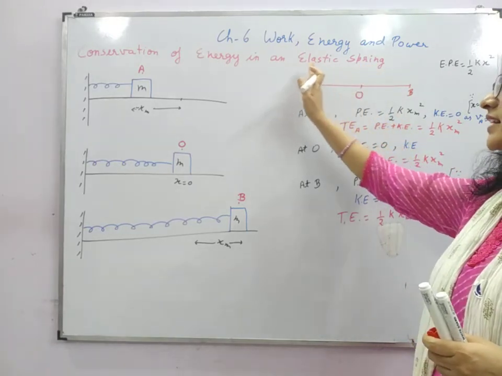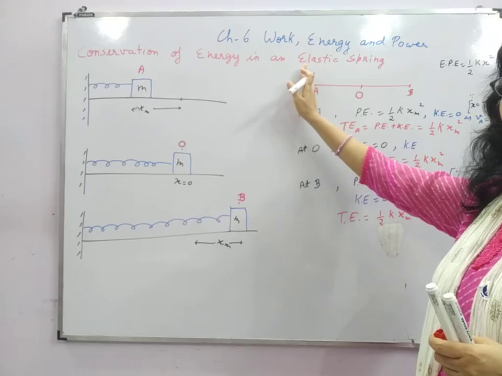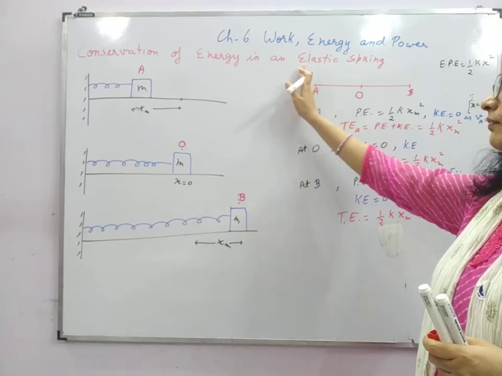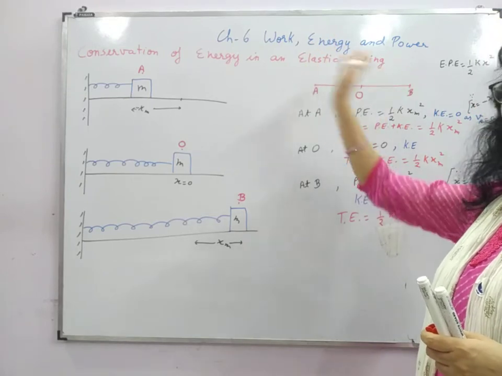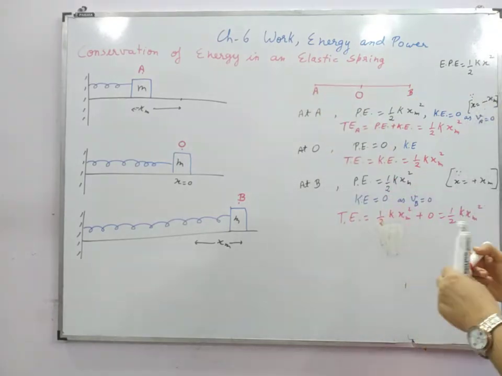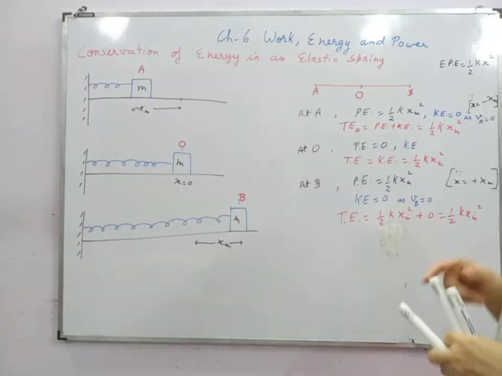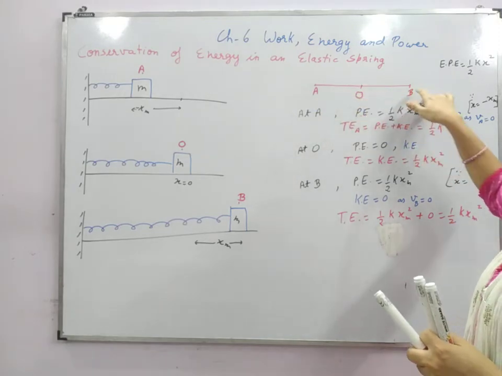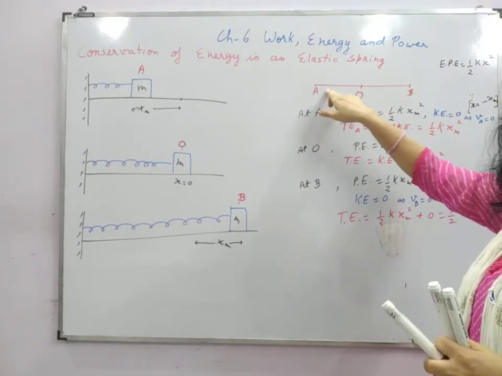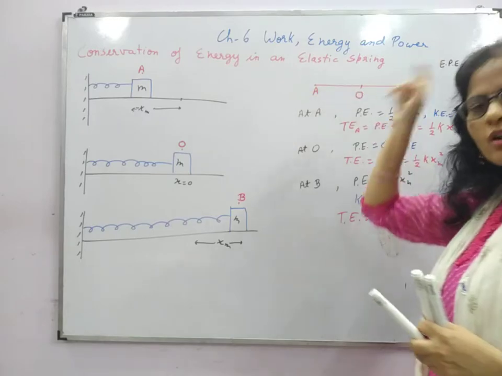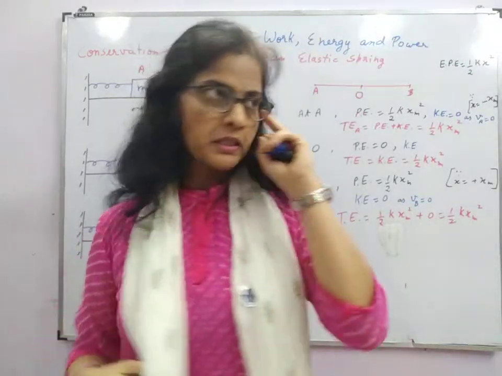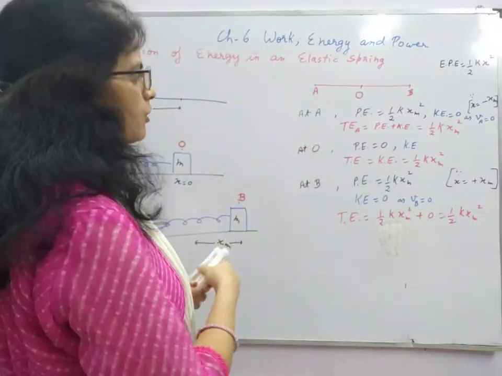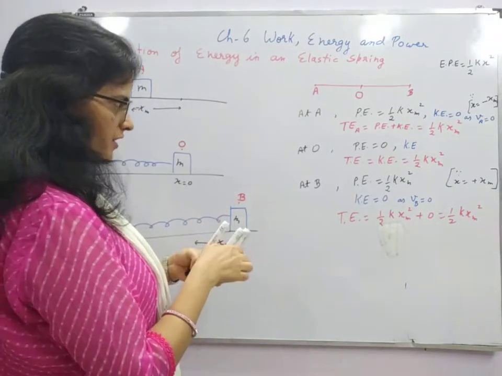And again at the next extreme, the kinetic starts converting to potential, and this process continues, right? So from here we have these three cases at A, O and B, and at every point during the journey the total energy will remain constant as the spring force is conservative. So we have taken these three points.